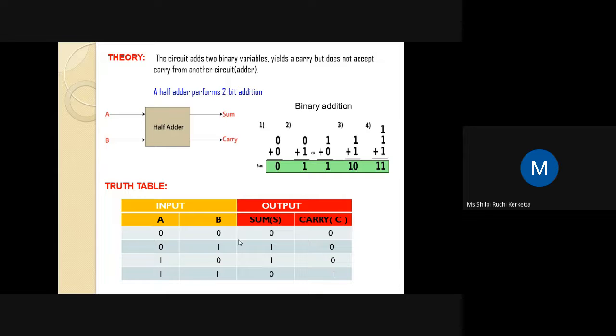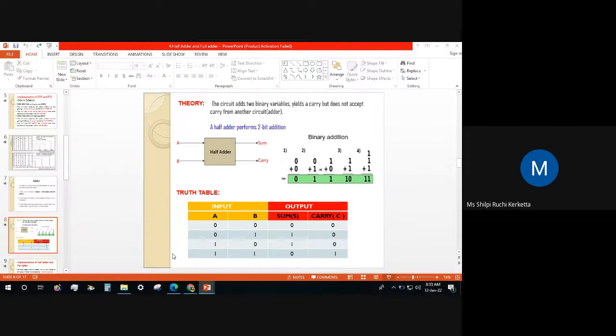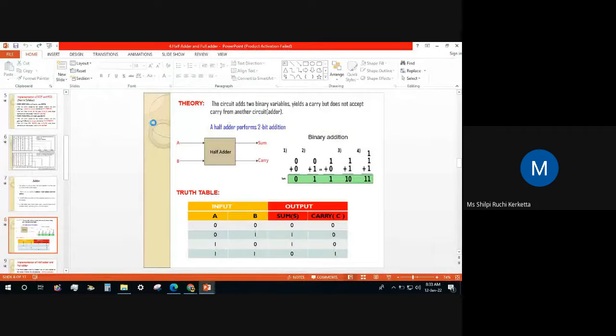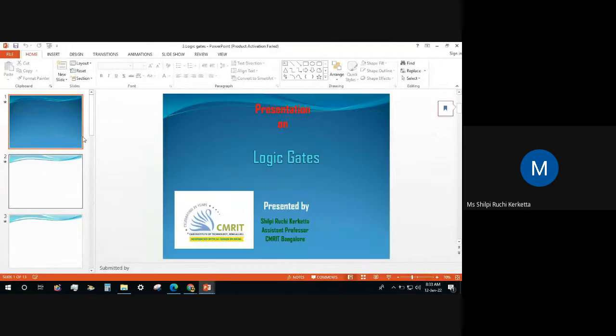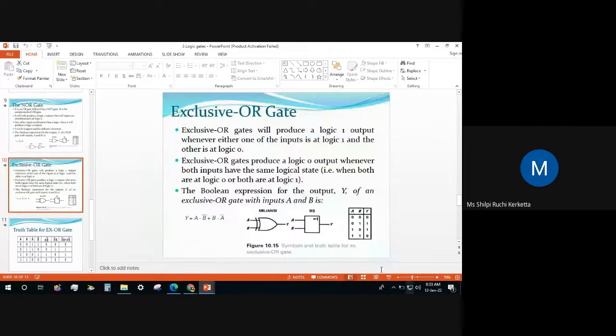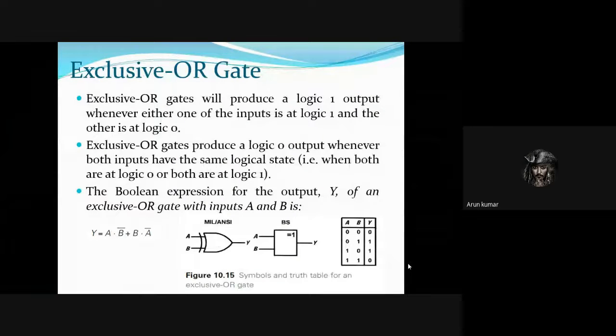So what did we study earlier in the XOR gate? Ma'am, if both are in the other state only, then it'll give a high output. Good. So in the XOR gate, what we saw is, if we have 0 0 or 1 1, it will give a 0. If both inputs are different, then only we will get a 1.